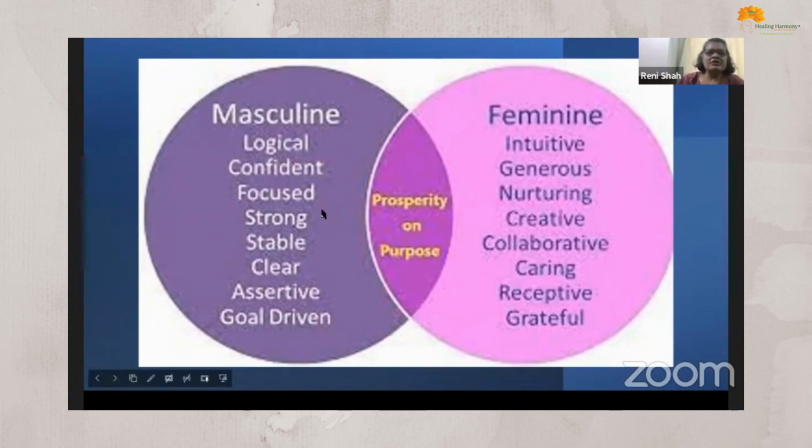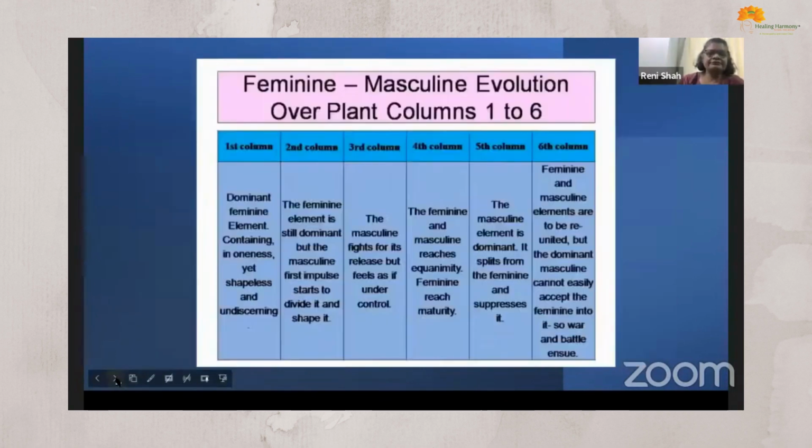So these are like masculine principles and feminine principles. And so in subclass 5, what happens? The masculine element is dominant. It splits from the feminine and it suppresses the feminine. This is very important in subclass 5.